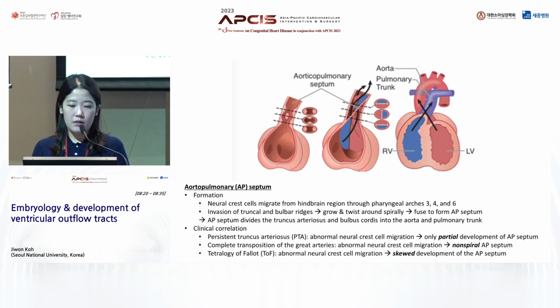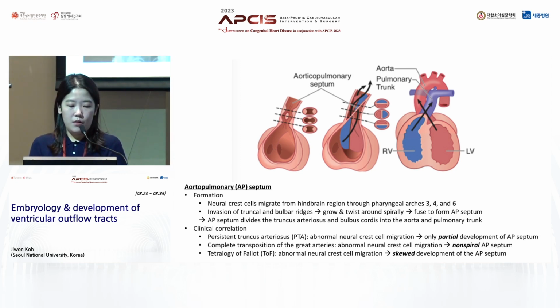If the spiral growth is restricted within this trunk, the division of the two great arteries cannot be complete. And TOF would result from skewed development of the AP septum, causing some kind of deviation to the right or left.